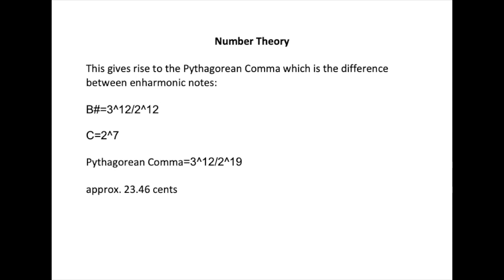Thus, the Pythagorean comma is equivalent to 3 to the power of 12 over 2 to the power of 19, an interval corresponding to approximately 23.46 cents. The Pythagorean comma and the lack of equivalence between enharmonic notes has had profound implications for the tuning systems used throughout musical history.